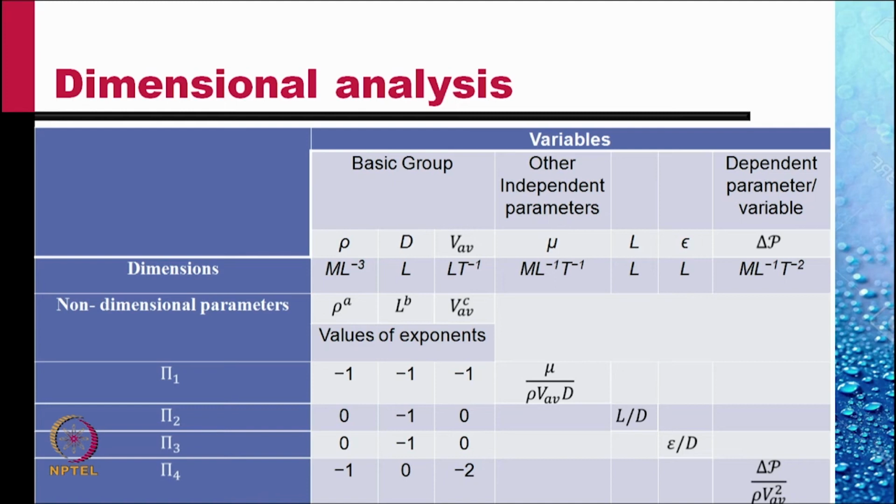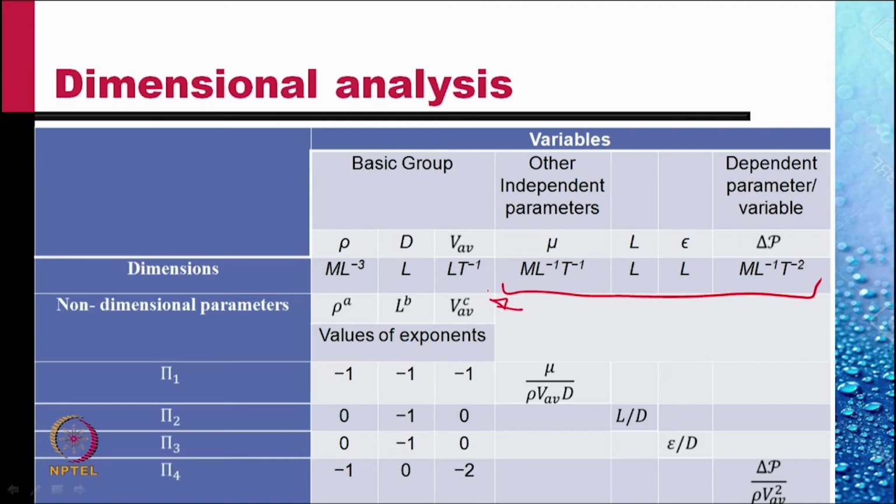We write the dimensions of all these parameters. So then we form the pi groups for the other parameters and variables. We take one of these and multiply it by rho raised to power A, D raised to power B, and V average raised to power C, and then determine the values A, B, and C, which will make this non-dimensional.